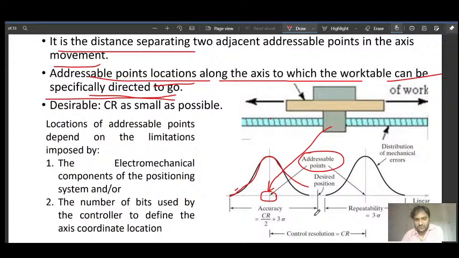So there are two other terms, the desired point and position. The table will position somewhere in this range. That introduces the concept of accuracy, which is given by control resolution by 2 plus 3 sigma.